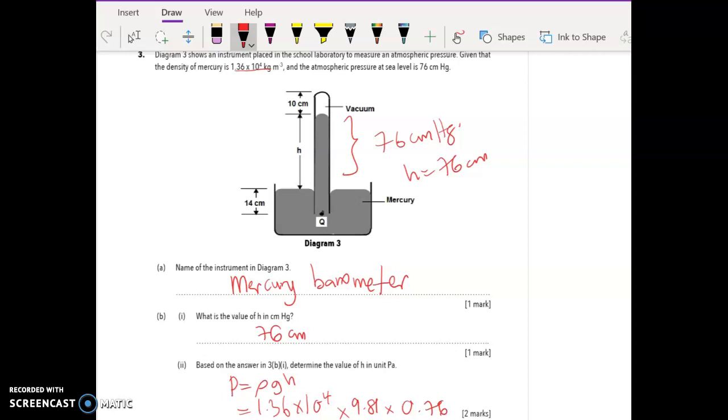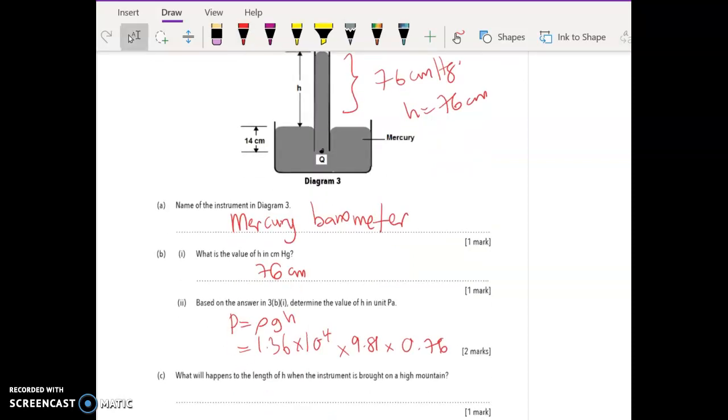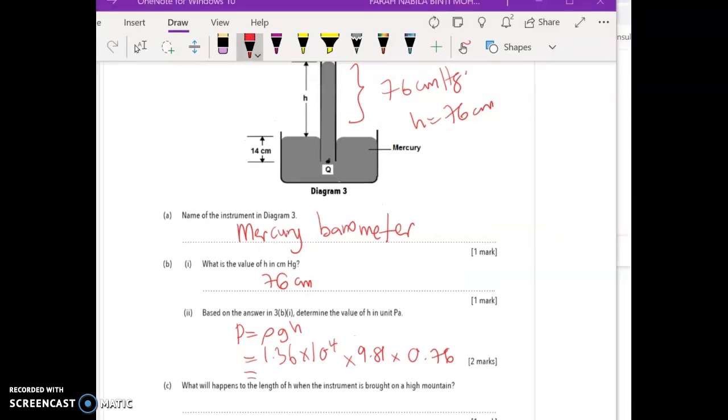Don't forget to convert to meter and you will get 101,396 Pascal. Okay, or you convert to the standard form 1.01 times 10 to the power of 5 Pascal.